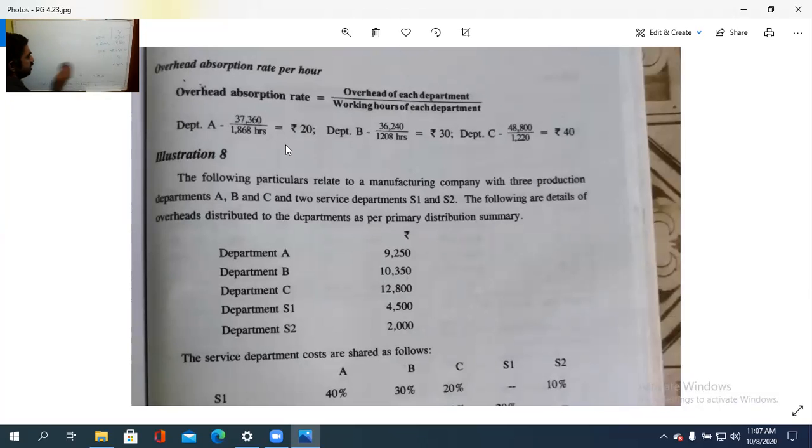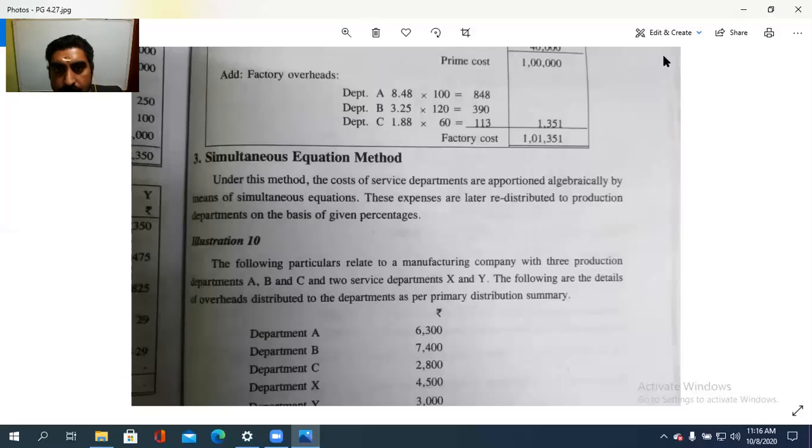Next we see another method called the simultaneous equation method. Next is the simultaneous equation method.